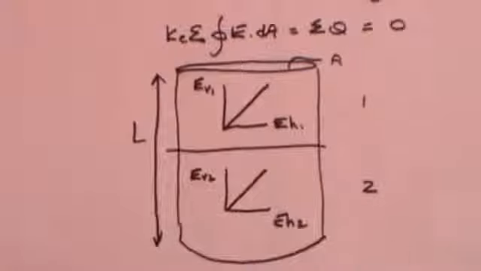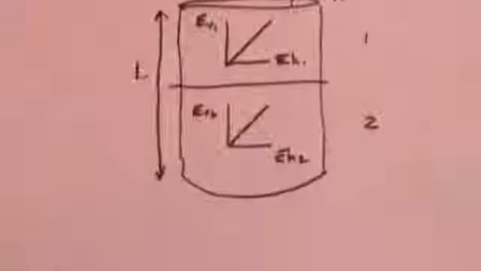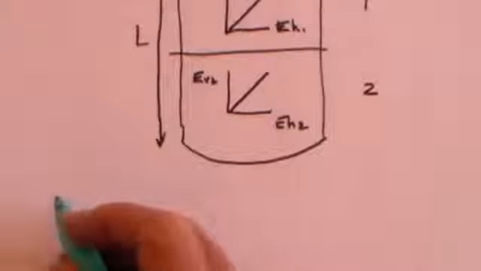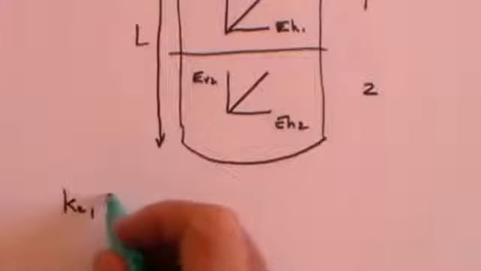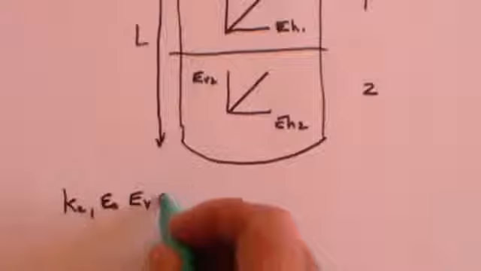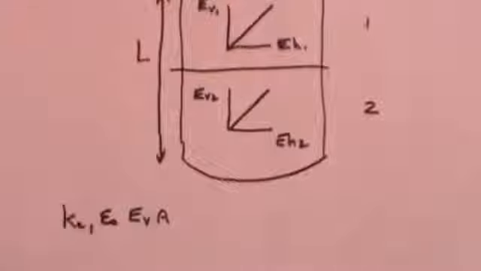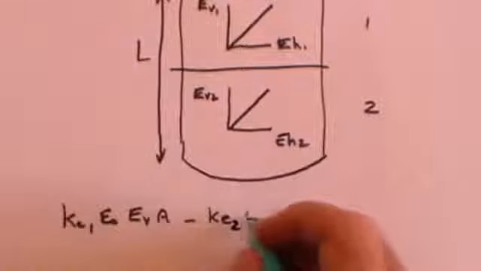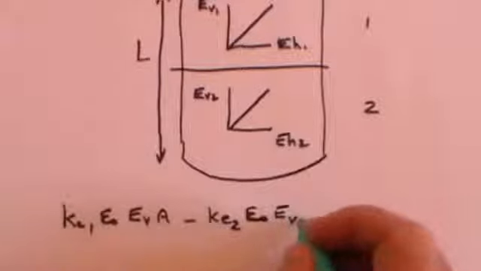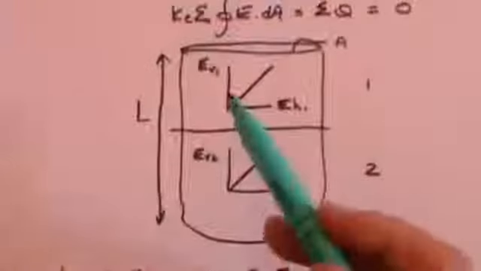So what we can do is we can take this equation here and we can say that as far as EV1 is concerned, we're going to get that KE1, because it's in medium number 1, times epsilon naught times EV1 through the area A. EV1 goes through area A. Now we'll have minus KE2, because we're now in medium 2, epsilon 0 EV2, times A. It's minus because in this case the EV1 vector is going out through the area.